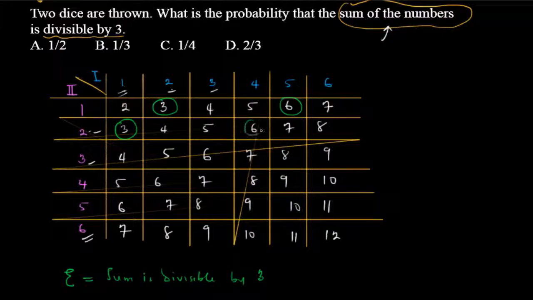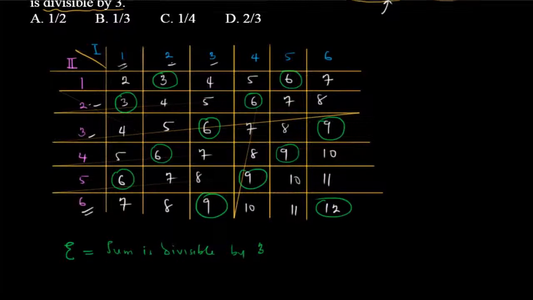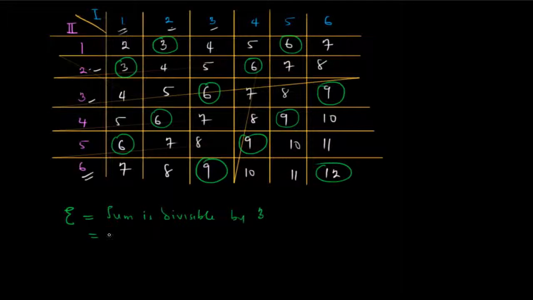So this is a multiple of 3, divisible by 3: 6, 9, 6, 9, 6, 9, 9, 12. These are the elements of this event here. So the sum is divisible by 3. For the first row you have 3 and 6.